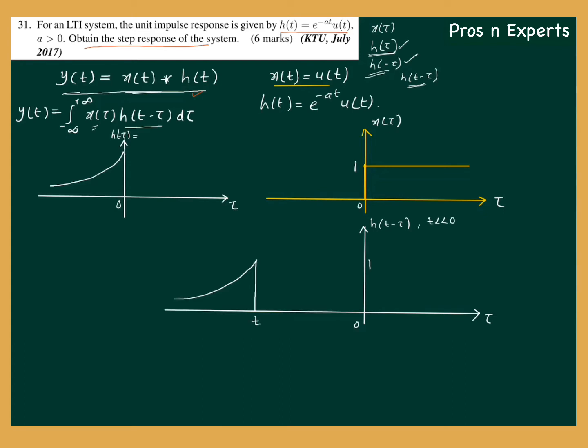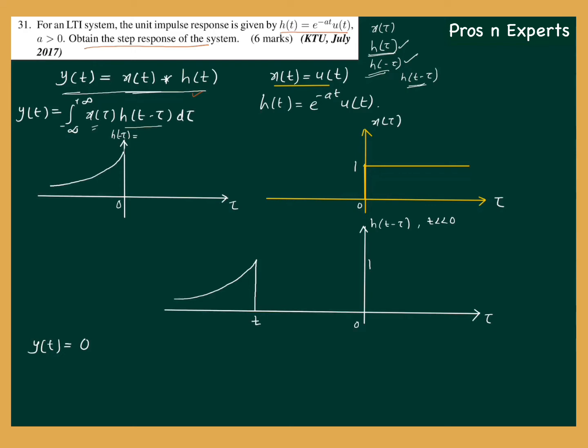Now what will be the result of the parent equation, y of t equal to the integral of x of tau multiplied by h of t minus tau? x of tau multiplied by h of t minus tau gives 0, so initially y of t is equal to 0 because the signals do not overlap anywhere.